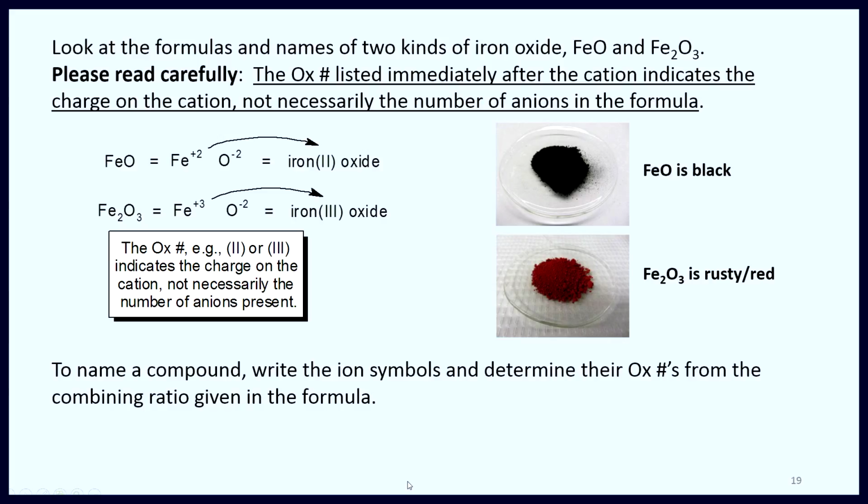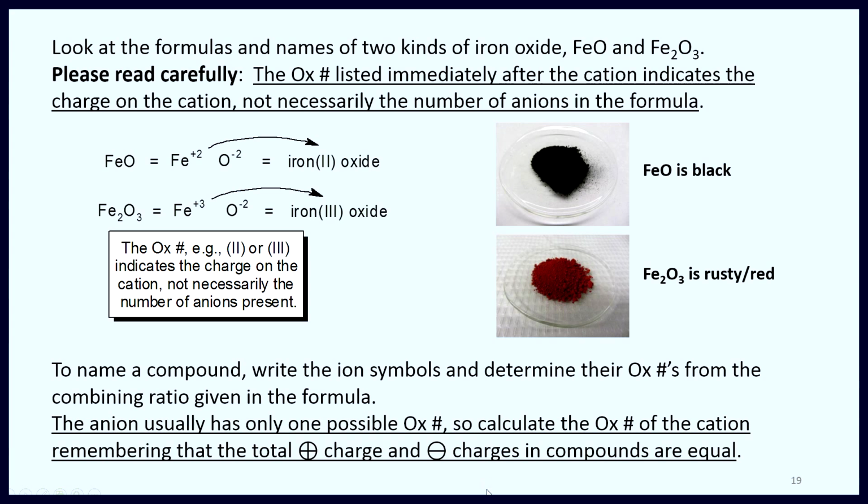So to name a compound, write the ion symbols and determine their oxidation numbers from the combining ratio given in the formula. The anion usually has only one possible oxidation number. So calculate the oxidation number of the cation, remembering that the total positive charge and negative charge in a compound are equal.